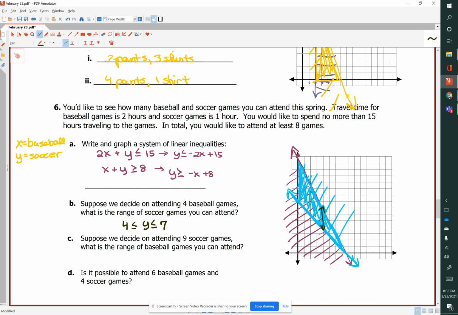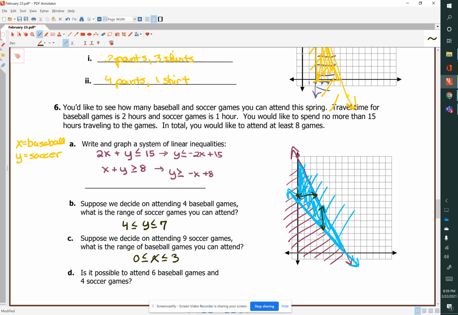Well, we could attend 0 baseball games because we're right on the y-axis, or we could attend 3 baseball games. So this is our range right in here. So we can attend 0 less than or equal to x, which is less than or equal to 3.